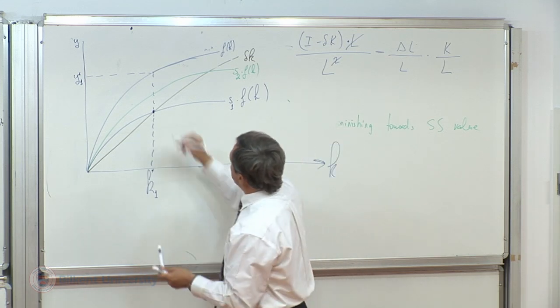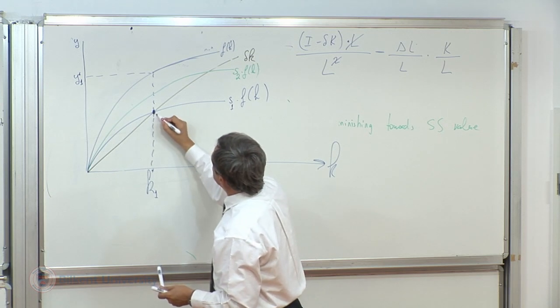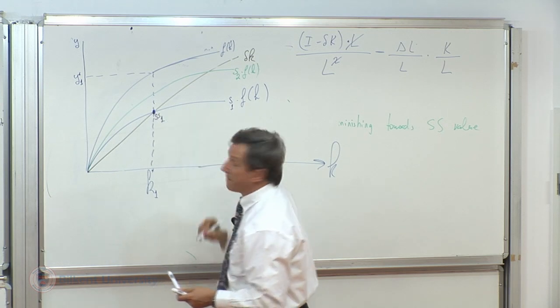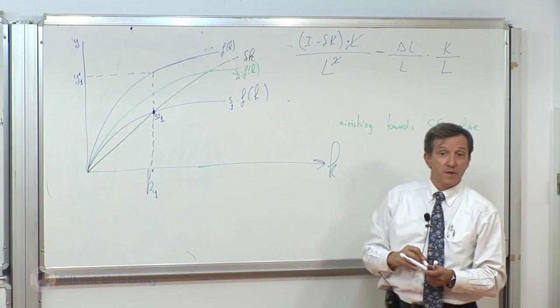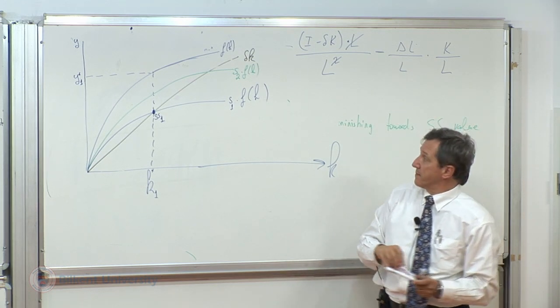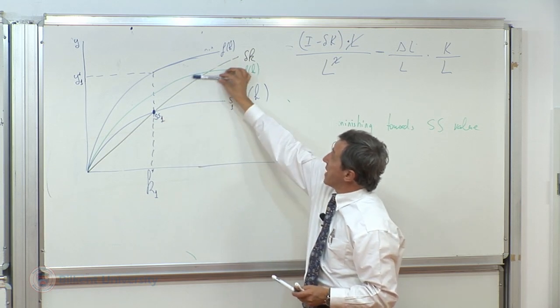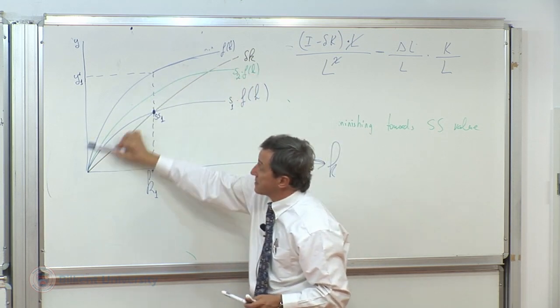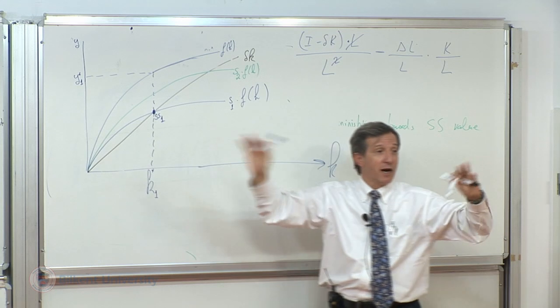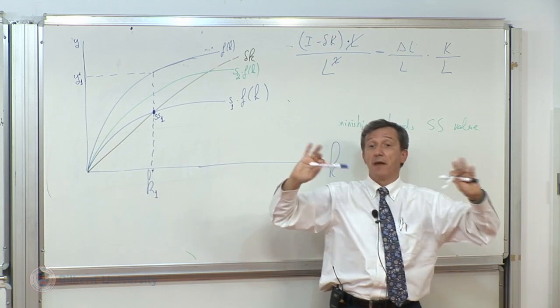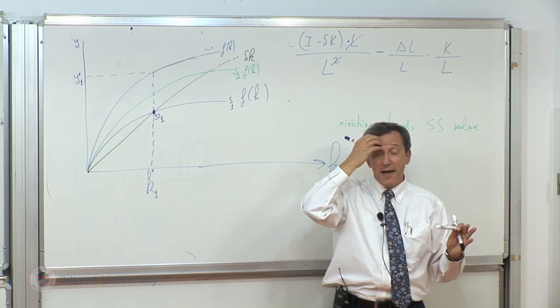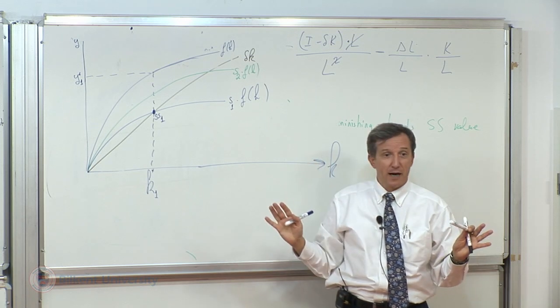Old steady state, this is steady state 1, with the old saving rate. I have simply increased the saving function. The production function stays as it is. I'm not changing technology. I'm not adding labor. I'm not adding anything to the production technology.